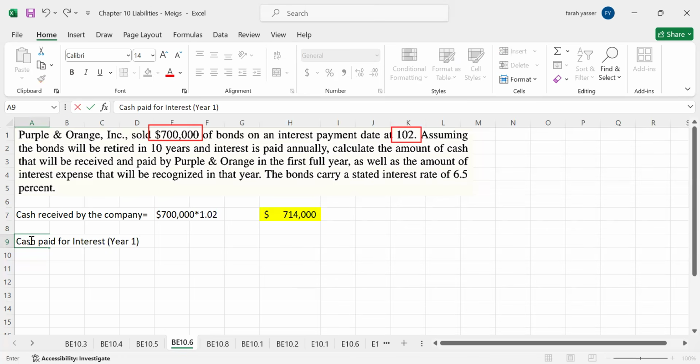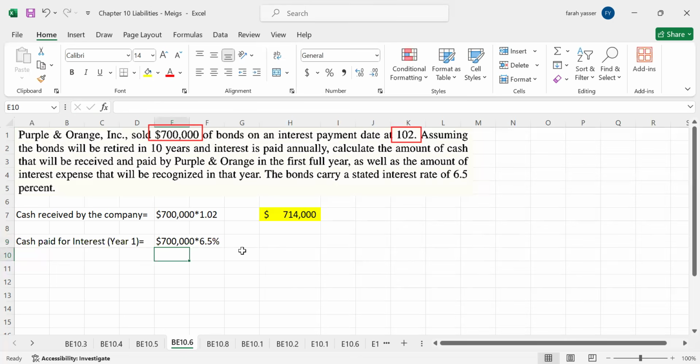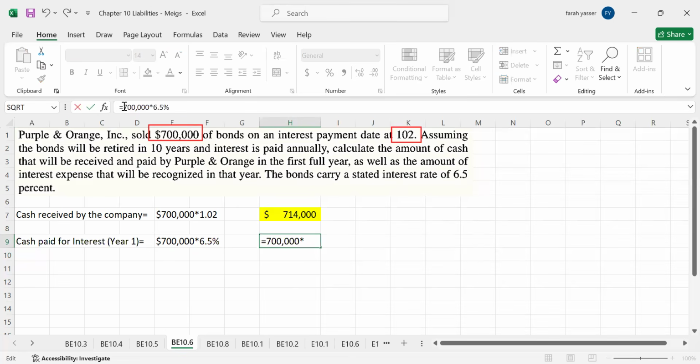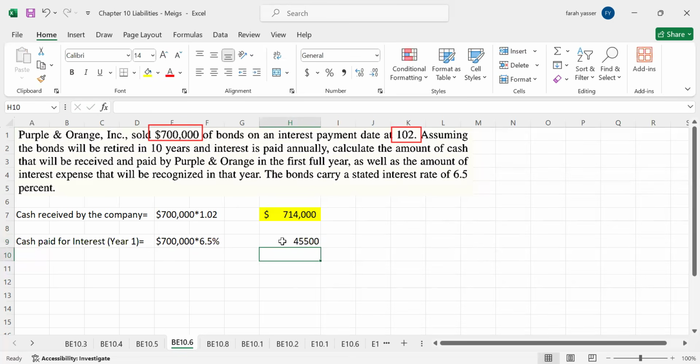This is the company's annual interest payment. The calculation is simple. The bond's face value is 700,000, and we multiply it by the annual interest rate, 6.5%. The annual interest would be 45,500.